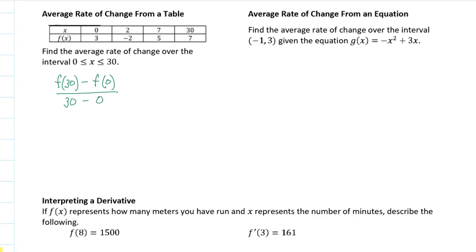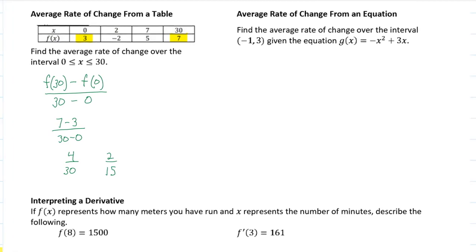And you just need to be familiar with this notation here. Now, obviously, the value of f of 30 comes out of my table. This is f of 30 here. This is f of 0 here in the table. So I would simply do 7 take away 3 all over 30 minus 0. And that's going to turn out to be 4 over 30. And you can simplify that if you want. This turns out to be 2/15. So that is the average rate of change, or the slope, from 0 to 30 given this t-table right here.